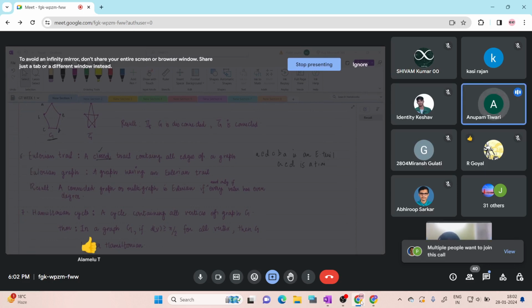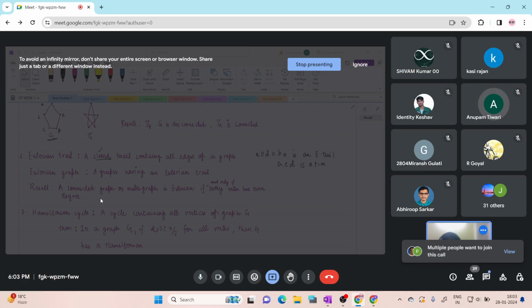Ma'am, please repeat the condition for a graph which is Eulerian. If we have a graph G which has an Eulerian trail, then that graph will be called an Eulerian graph. And what is the condition? I have written the result: a graph will be called Eulerian if and only if every vertex has even degree.